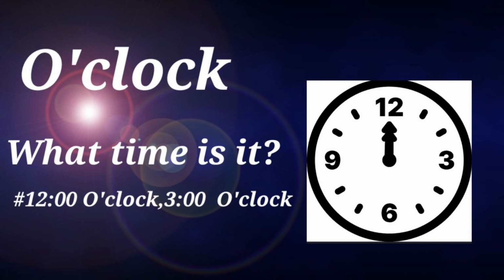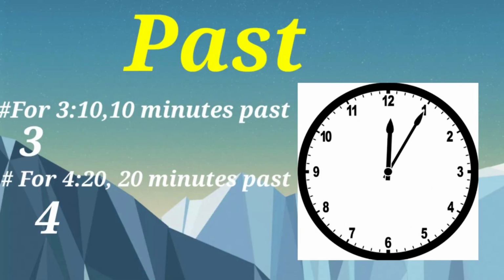Okay, I think now you understand what I am trying to say. And the next, as I already mentioned, the times between 12 and 6, like 12:05, 12:07, 12:10, 12:20. How will you answer these questions? I have already given an example on your screen for 3:10.